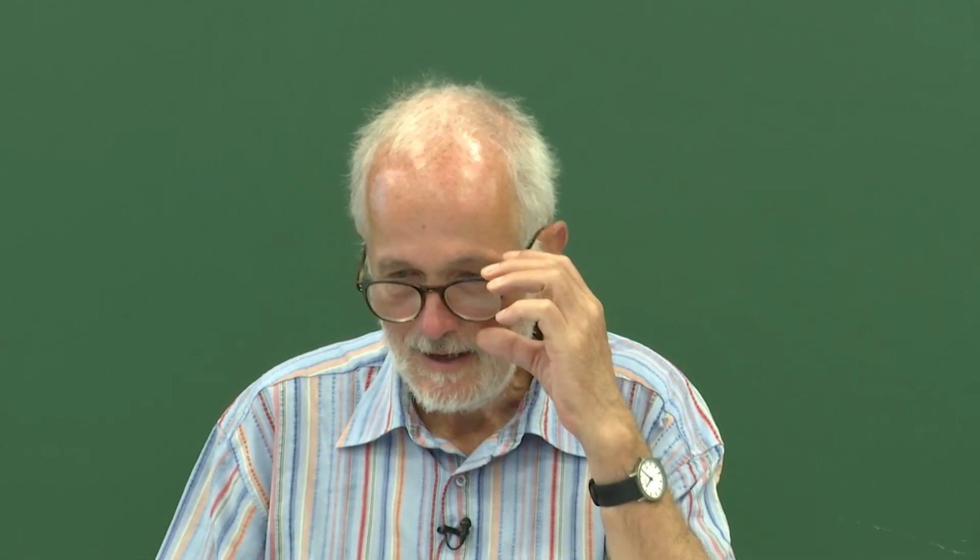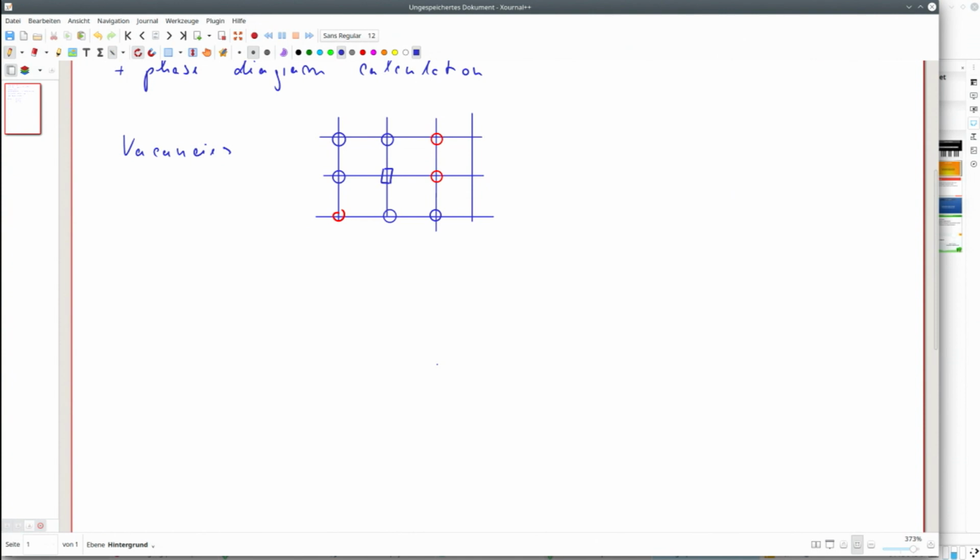But then we have to be a bit careful about the interaction. In principle, one could also introduce interaction energies between the neighboring atoms and the vacancy. Typically, we don't do it. We just assume that the interaction is lost here, broken bond model.